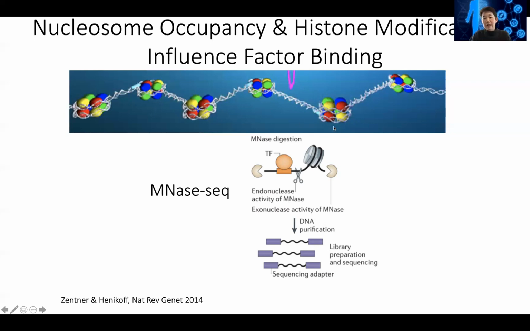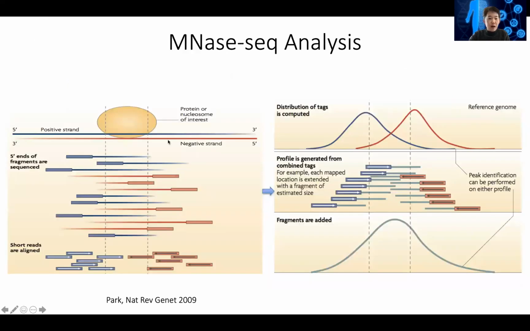Then you isolate the DNA and sequence it, very often now from the two ends, with the nucleosome right in the middle. Using this approach, we can sequence out the nucleosomes and see where they are.